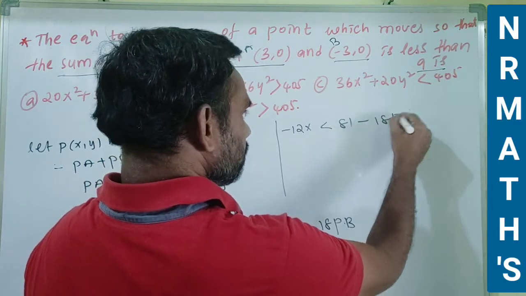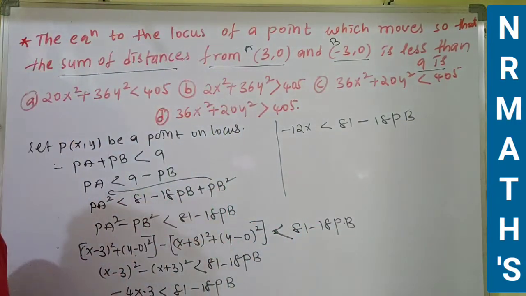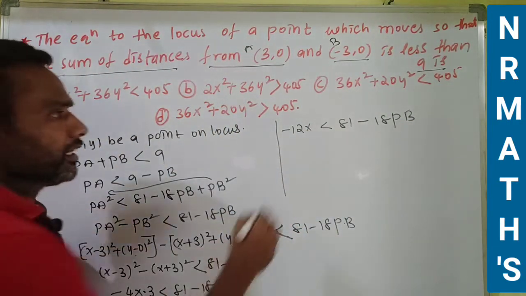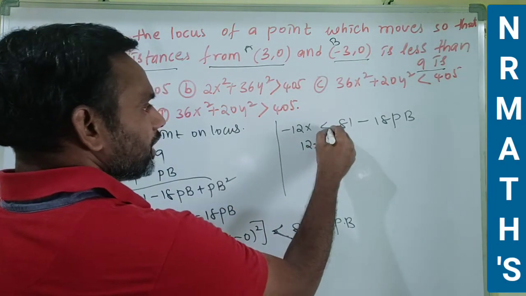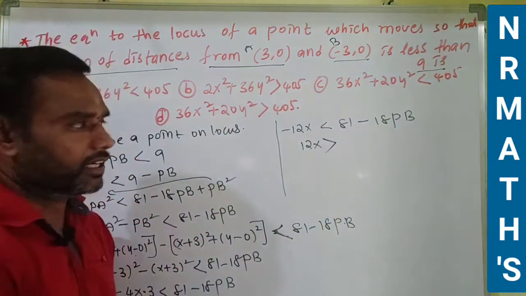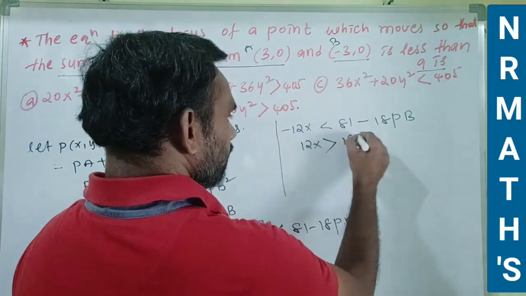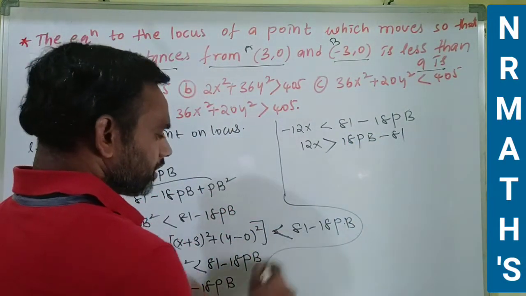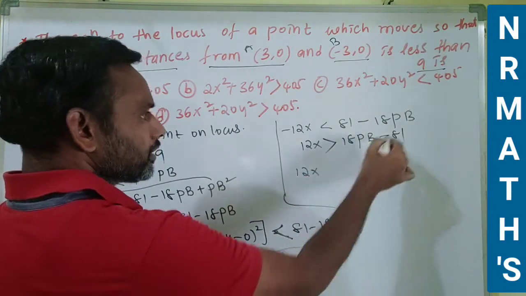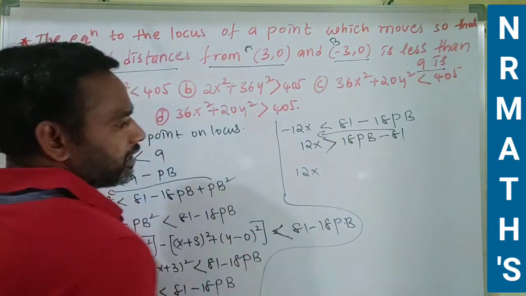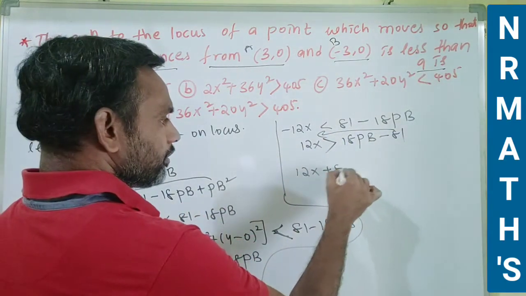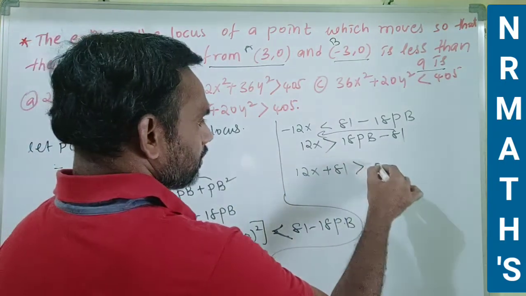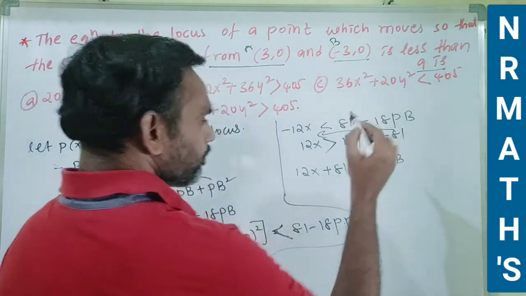Now multiply both sides by minus, so 12x is greater than 18 into PB minus 81. Taking the left side, 12x plus 81 is greater than 18 into PB.